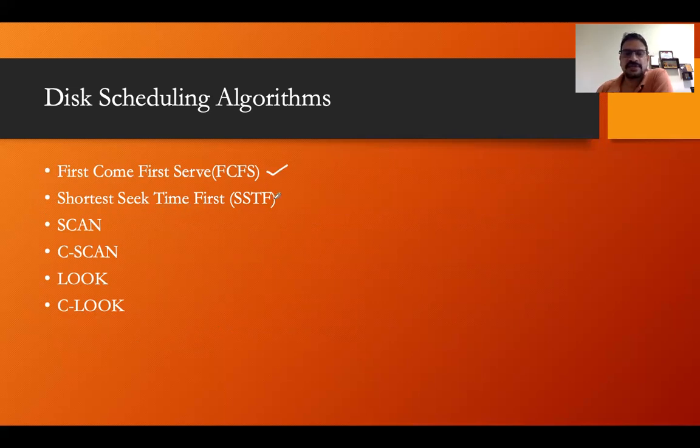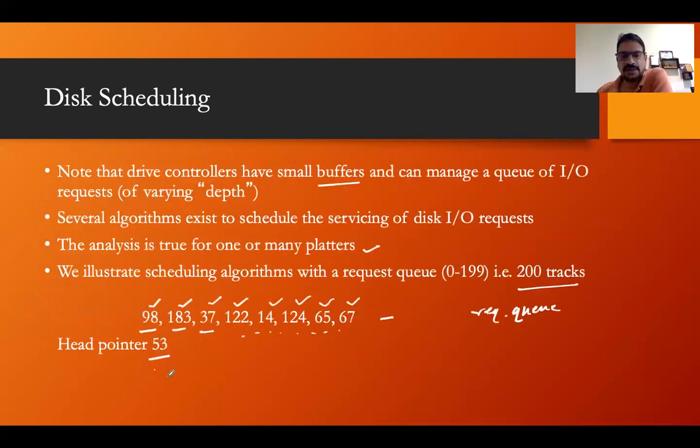Shortest seek time first is the second algorithm. Now here what will happen is, if I am in the initial position of 53, I'll find out in the queue which is nearest to 53. Okay, and I'll go to that particular sector to serve, right?